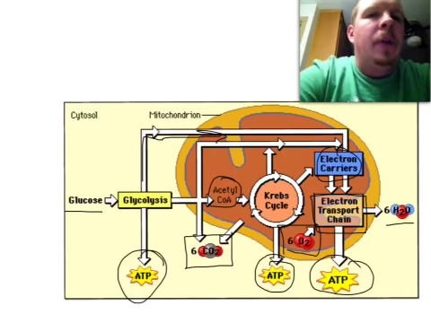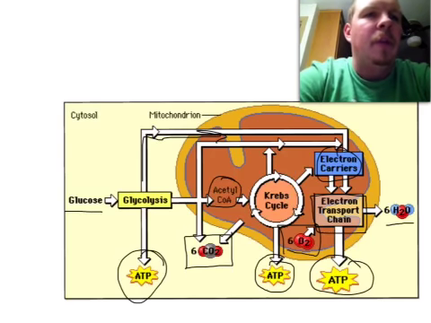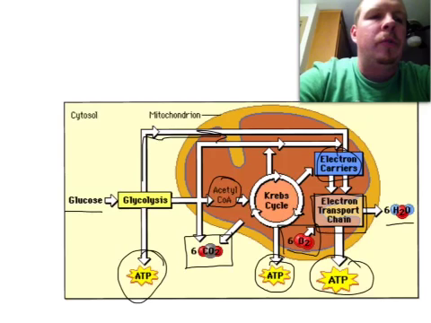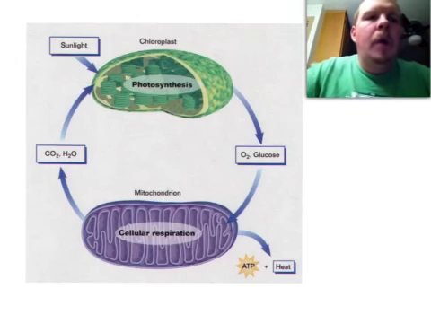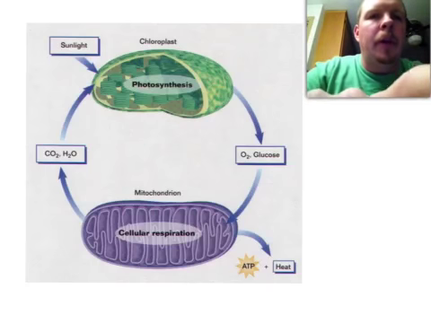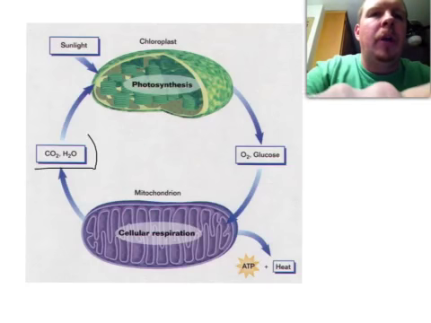All right, the last two slides are nice overview diagrams that I think will help you in understanding how photosynthesis and cell respiration are related. So let's take a look at those. Okay, so if we look at this diagram here and start in the middle on the left, we have CO2 and H2O.